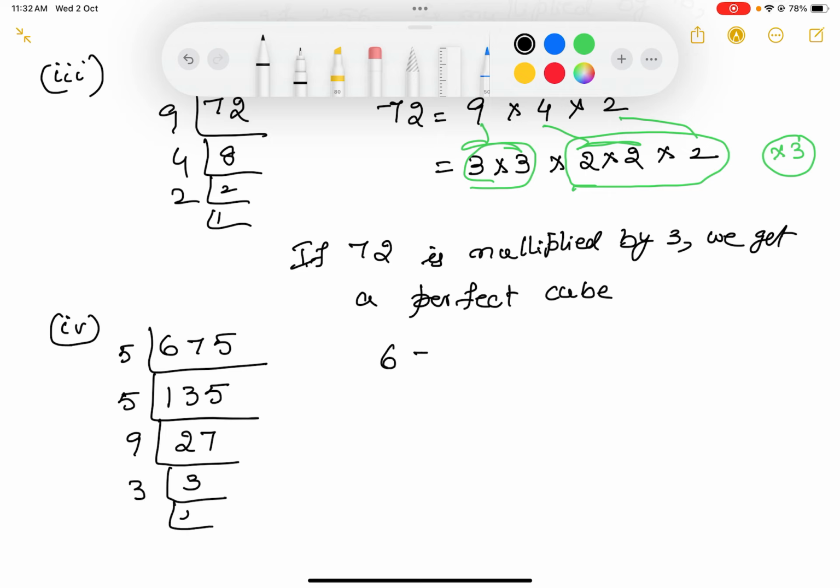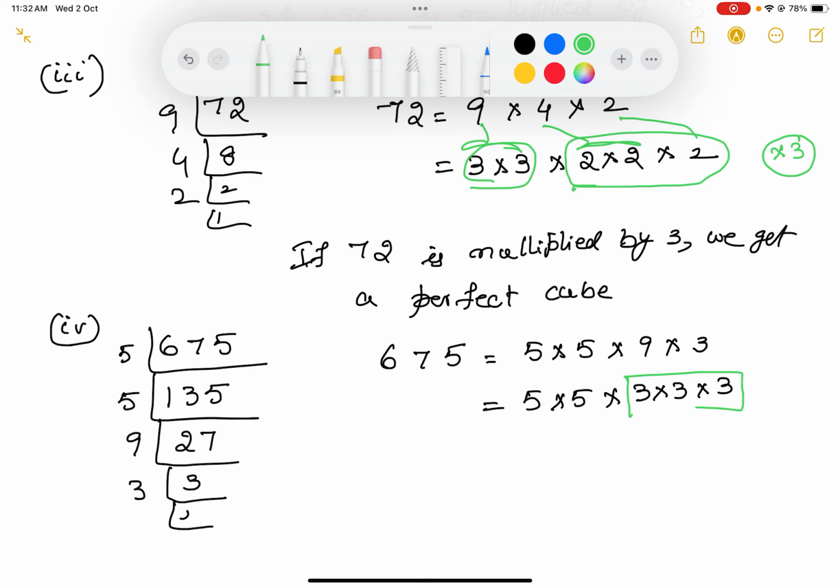So now we can write 675 as 5 multiplied by 5 and 9 multiplied by 3. Now we are doing the prime factorization. To save time I am actually dividing with 9. But when you are writing like this, again you can split this as 3 into 3 as 9, so that then only we can get the sets.